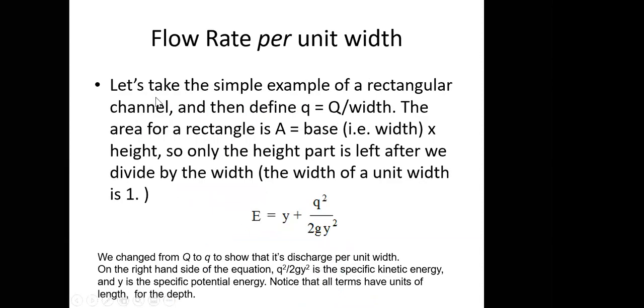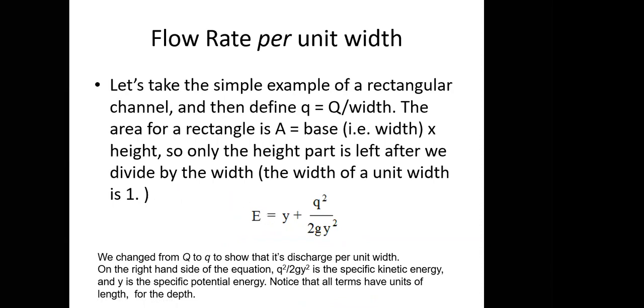And then if we have the area, we can modify the previous equations. If we take the flow rate over the unit width, where the area is, for example, base times height, only the height part is left after we divide by the width.